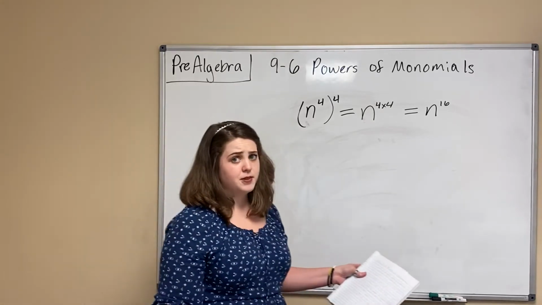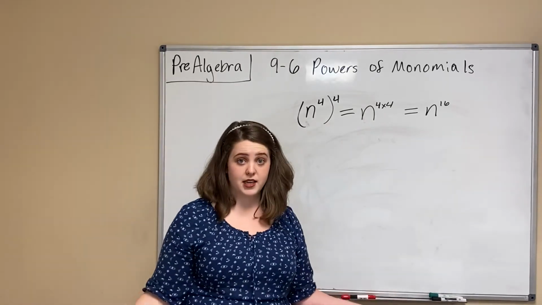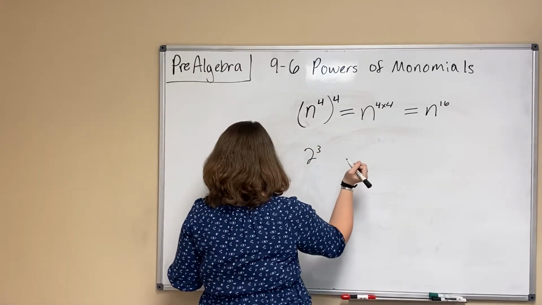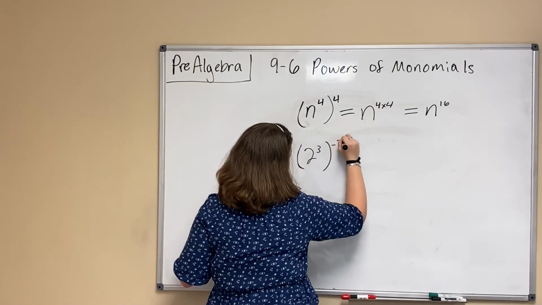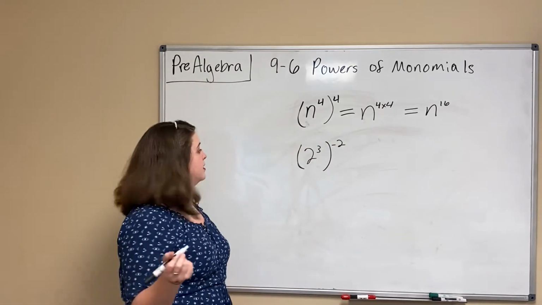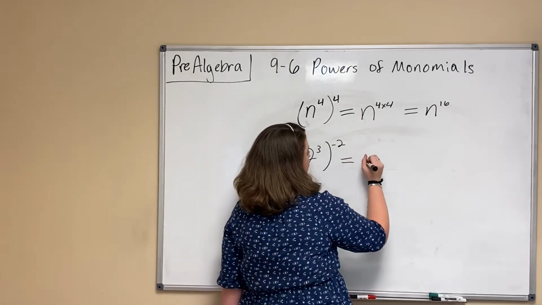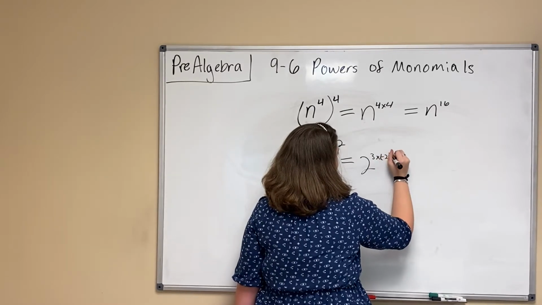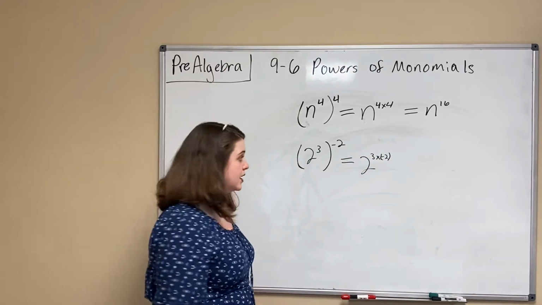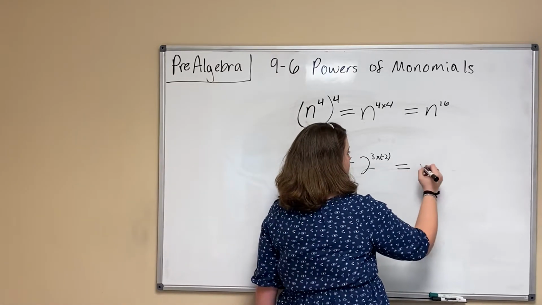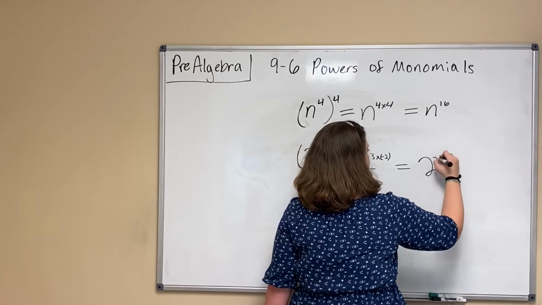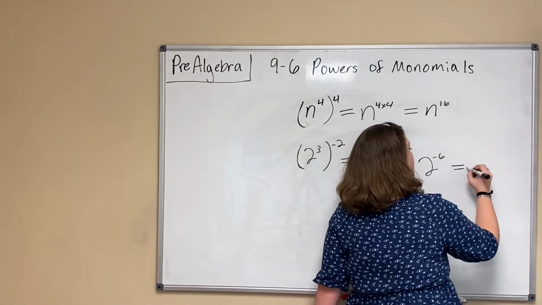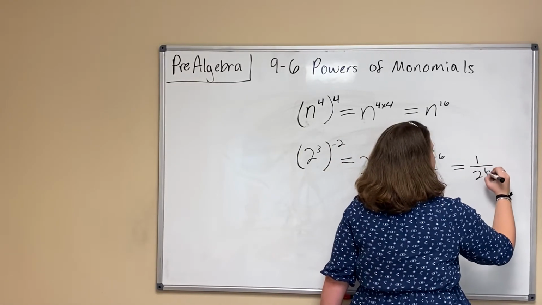Now I know what you're thinking, what happens if one of those powers is negative? Well, you treat it pretty similarly. If I had 2 to the third raised to the negative second, I'm still going to write it as 2 to the 3 times negative 2, and 3 times negative 2 is going to give me 2 to the negative 6th, which we know is the same as saying 1 over 2 to the 6th.